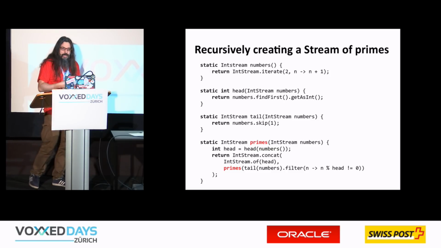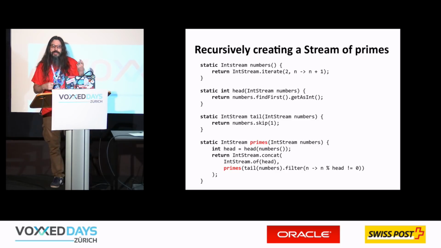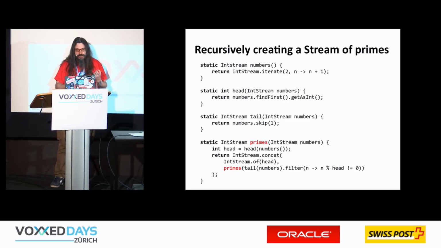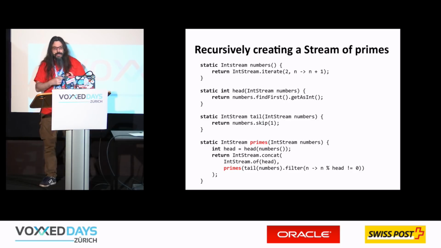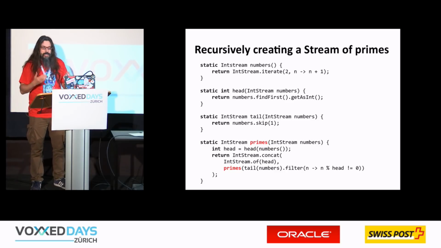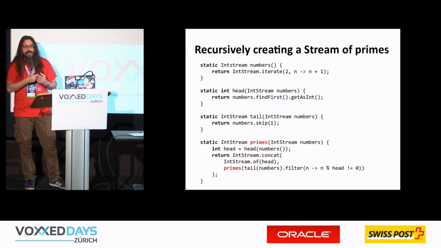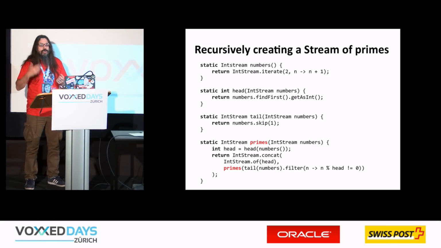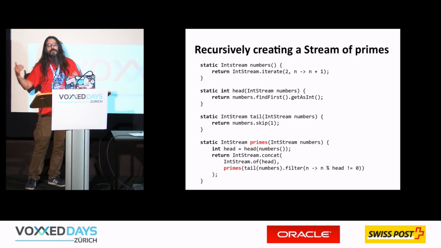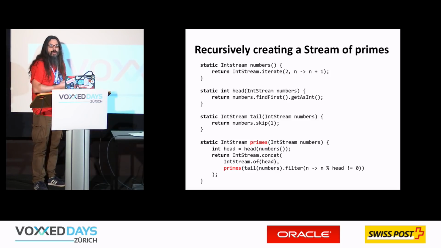And I have a method that takes, in one case, the head of the stream, the first item of the stream, and in the other case, the tail. And I'm reusing the head of the stream, which is the first prime that I found, to filter the remaining part of the stream. And I'm doing this recursively. You see, primes calling itself.